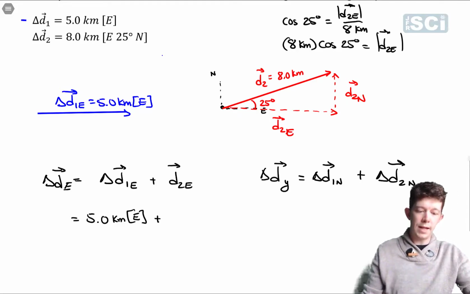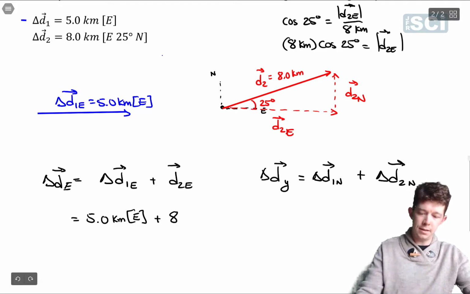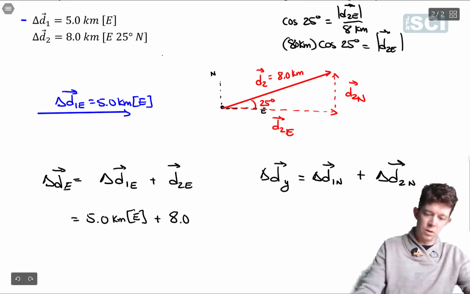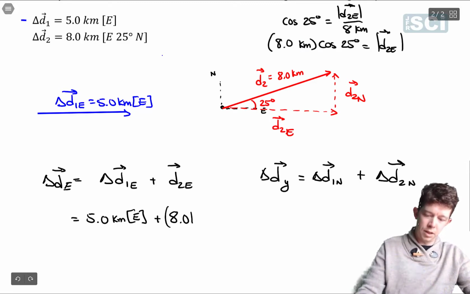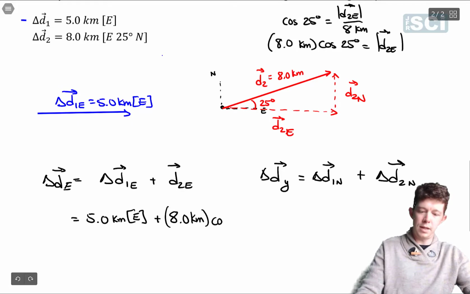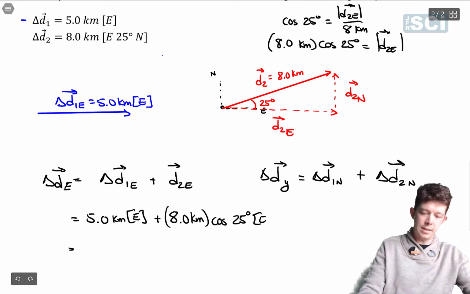Okay, so that tells me that in the east direction, I have 8.0 kilometers cosine of 25 degrees, and that's going to be acting east.